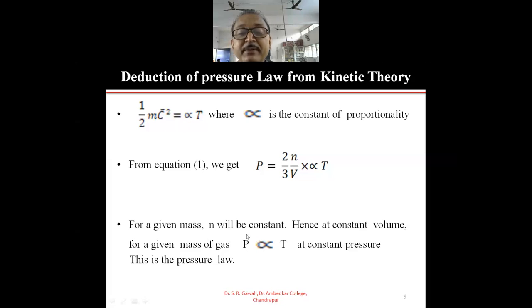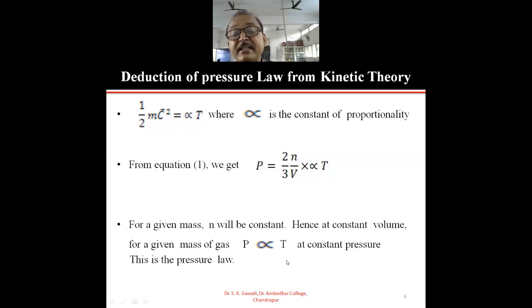So P is the pressure, T is the absolute temperature, and pressure is directly proportional to the temperature at constant volume.